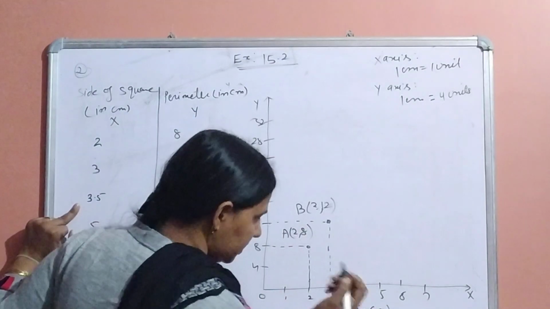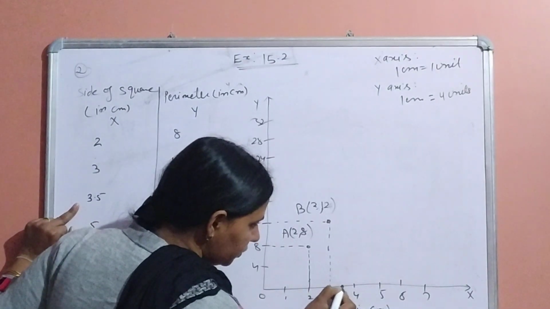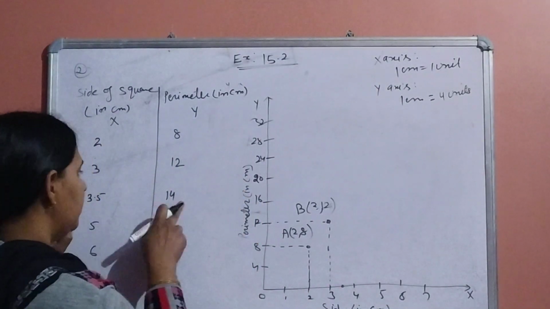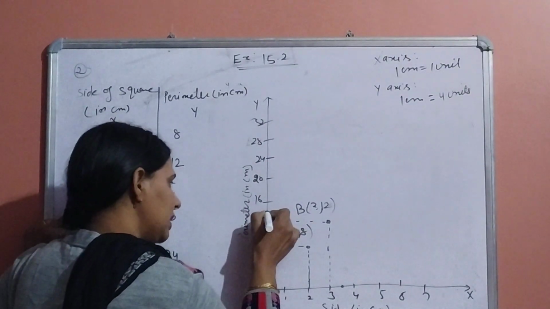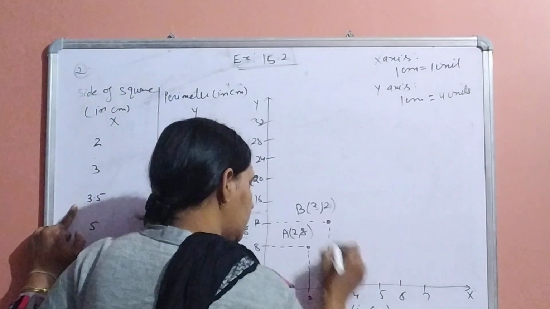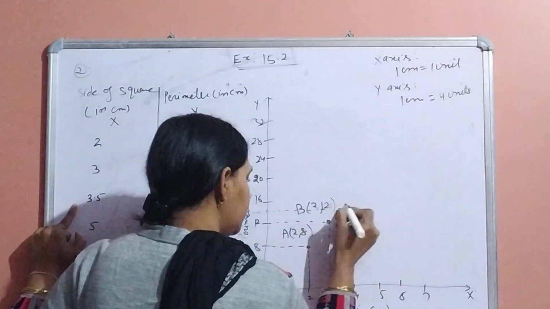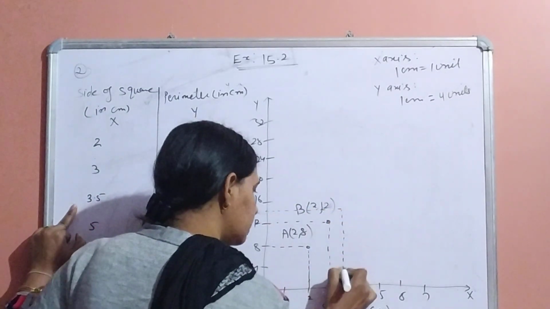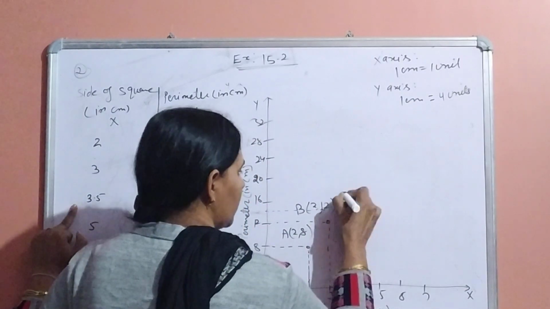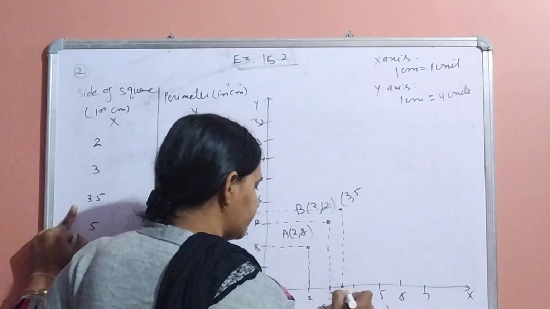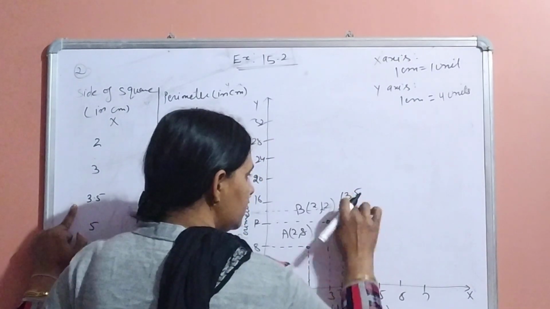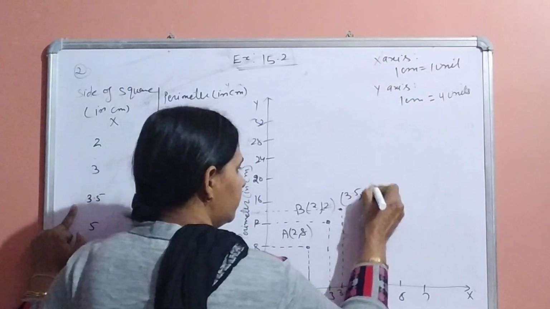Next 3.5. 3.5 is the middle of 3 and 4. Then the value of y is 14. 14 is the middle of 12 and 16. So y at 14 and x at 3.5, and y is 14.